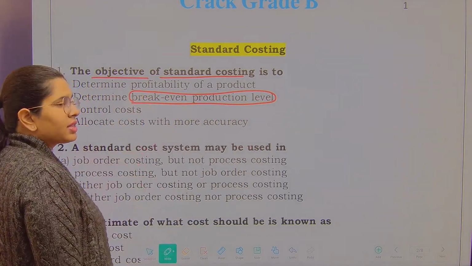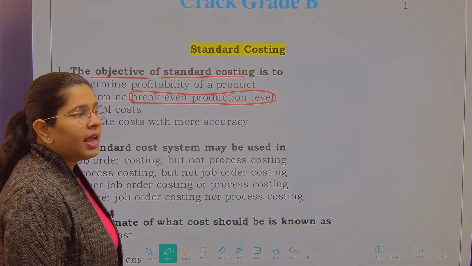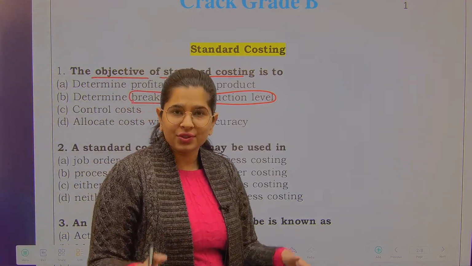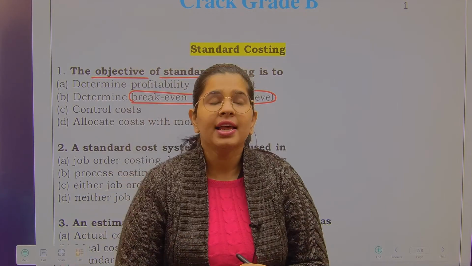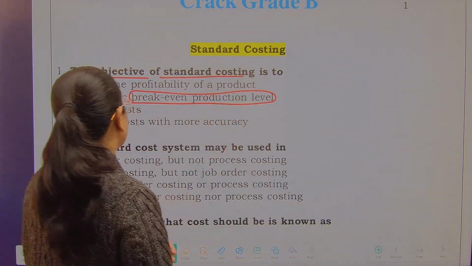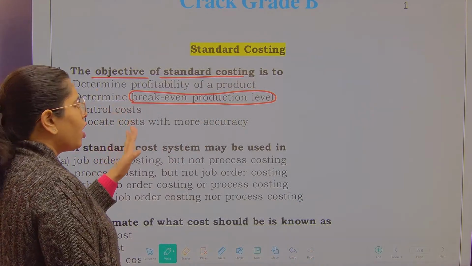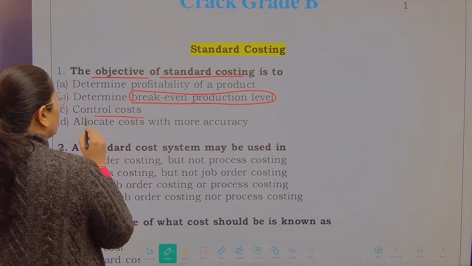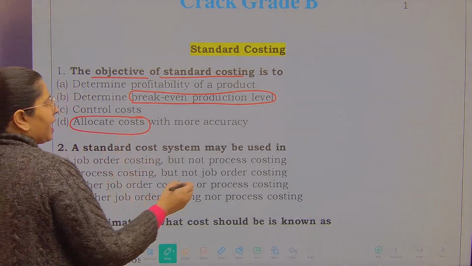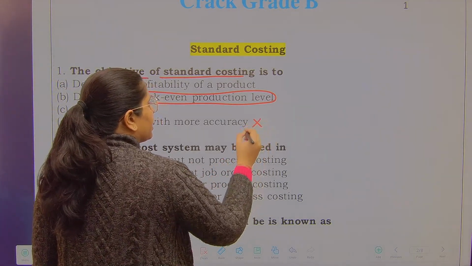This is the task of marginal costing, right? In marginal costing, we tend to differentiate between fixed cost and variable cost, right? So that is related to marginal costing. Allocate cost with more accuracy: we do not do anything related to the allocation of cost, right?